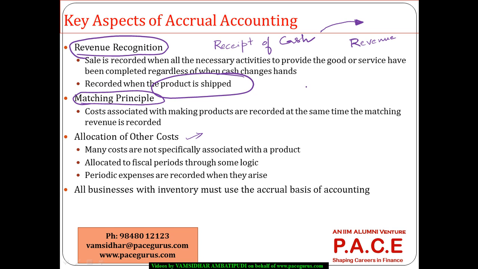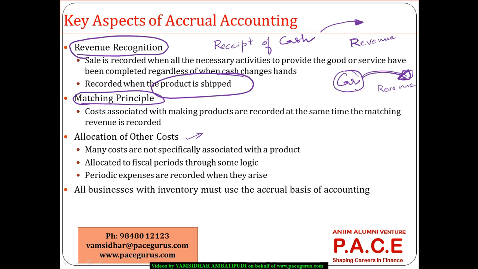And as far as the expenses to produce that particular product are concerned, for example, when a car has been sold, it means all the activities to ship that car to the necessary party, the ownership transfer of that car to the necessary party has happened. That is the period in which the revenue for the car is booked.